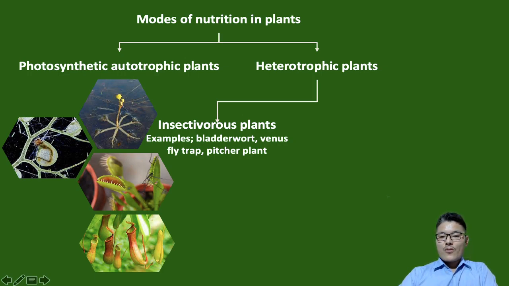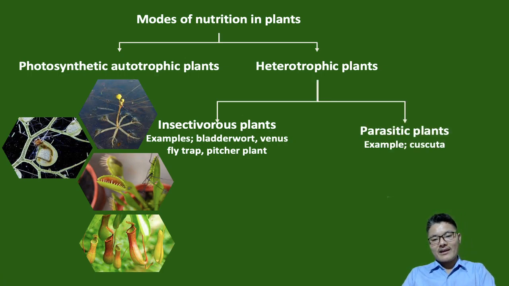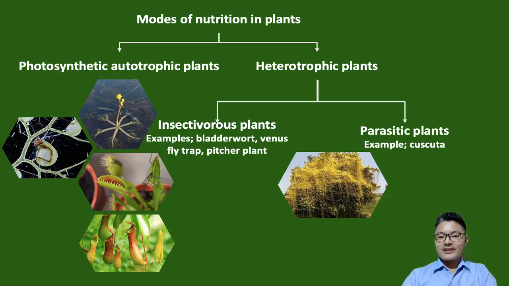Now, we also have parasitic plants. For example, we have Cuscuta, which you have studied in your lower classes. You may be remembering Cuscuta usually grows on higher plants which are having dense branches.